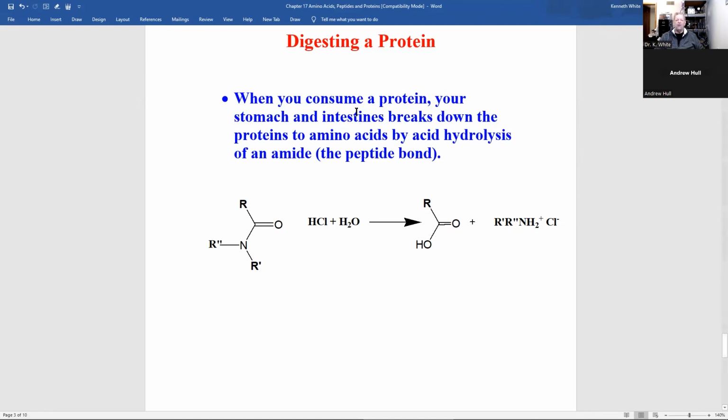But anyways, when you consume a protein, your stomach and I think small or large intestine, I forgot which, breaks down the proteins to amino acids by acid hydrolysis of the amide, the peptide bond.